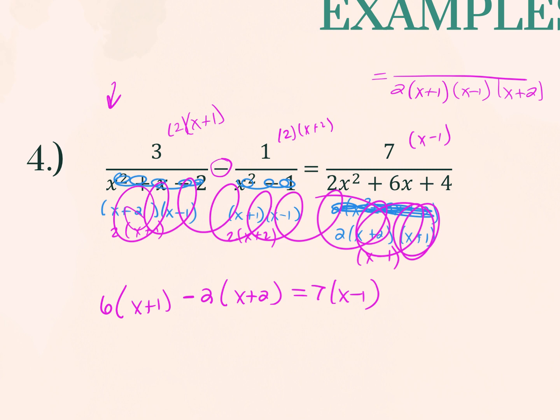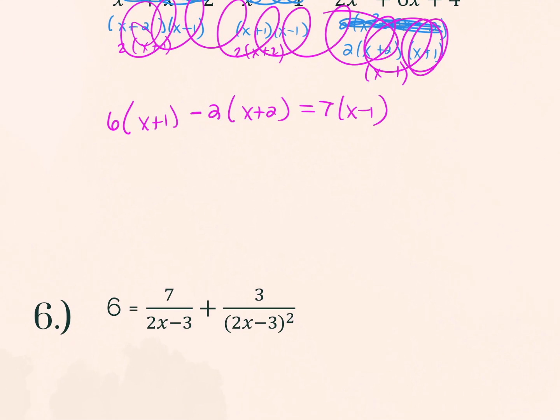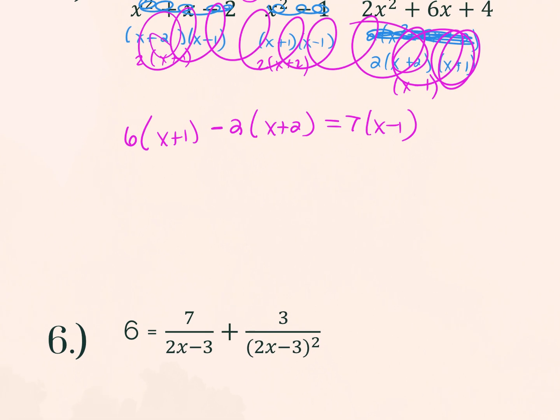If you guys want to already go through and distribute, you're welcome to do that if you want to. I just want to clean it all up real quick. So now let's say 6x plus 6 minus 2x minus 4 equals 7x minus 7. You guys agree? Everybody okay with that? All right, clean it up.